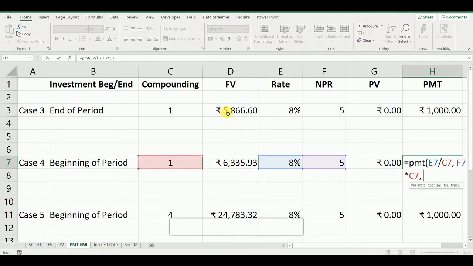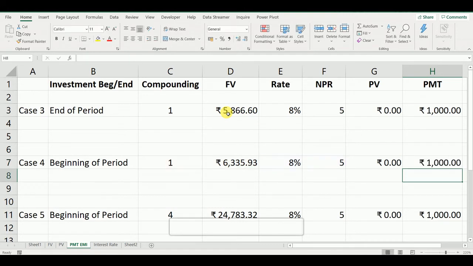PV is 0, so we will leave it blank. Now future value is 6335. Now we want to invest at the beginning of the period, so 1, and here we have to invest 1000 at the beginning of the period to get this 6335.